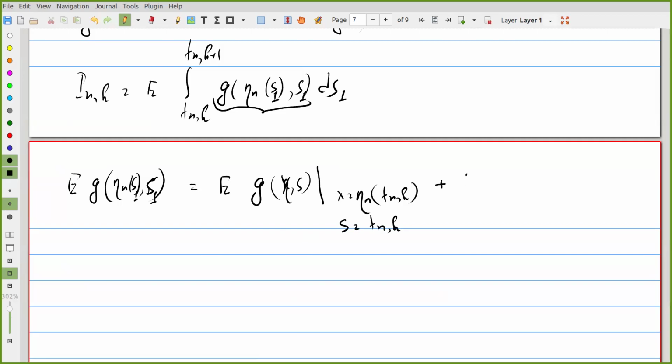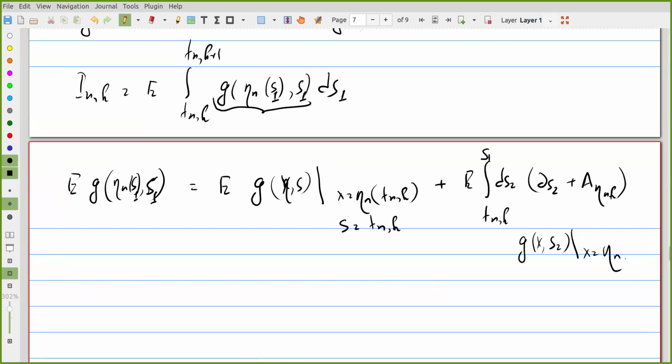plus the integral from t_nk to s1 of ds2 plus A, again of this form, applied to g(x, s2) when x equals η_n(s2). Now, this is just 0.